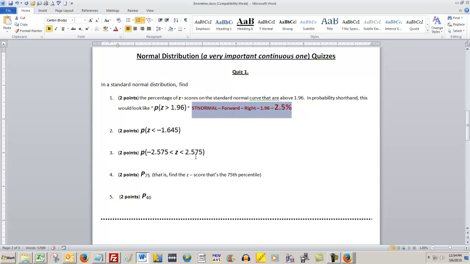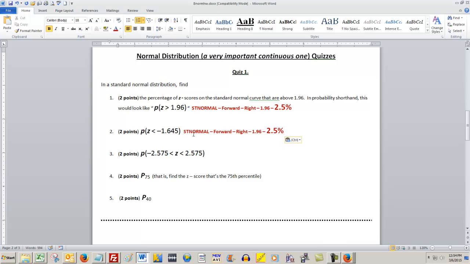So I'm going to copy this one down just to save me the editing. It's the normal again, definitely forward. We're shading left this time. Okay, forward, we're shading left.